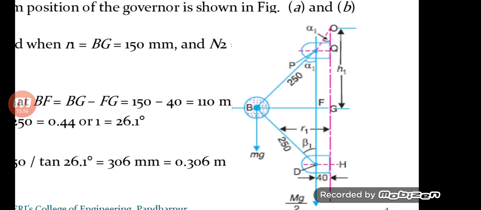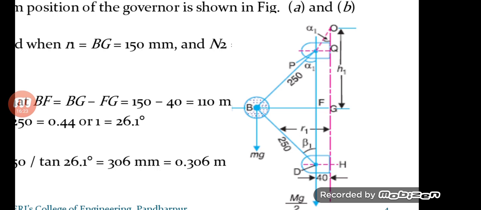You can observe this diagram, and you can find that when we calculate the angle alpha made by the upper arm and the angle made by the lower arm, that angle will remain the same at point P and at point O also. For the lower arm, that angle is nothing but what we have already named beta.